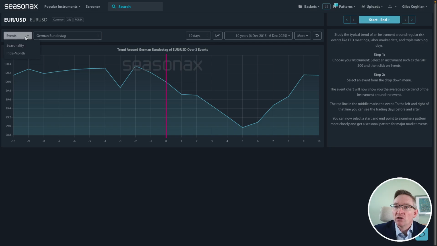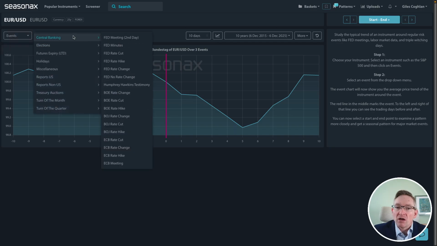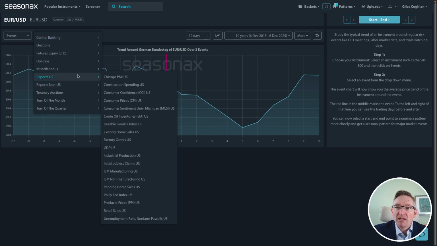The events that you can look at in Seasonax are really quite varied. You can look at macro events: Federal Reserve meetings, Bank of England meetings, ECB, Bank of Japan, central bank meetings. There's a whole range of reports out of the US, Non-Farm Payrolls, CPI, retail sales, crude oil inventories, very helpful things to look at.